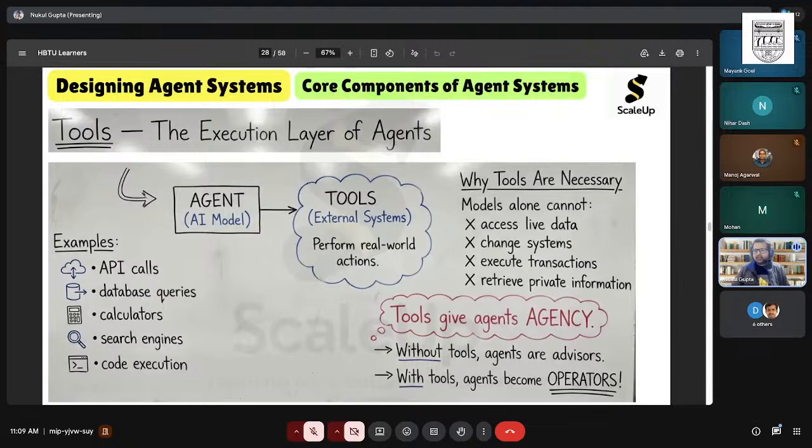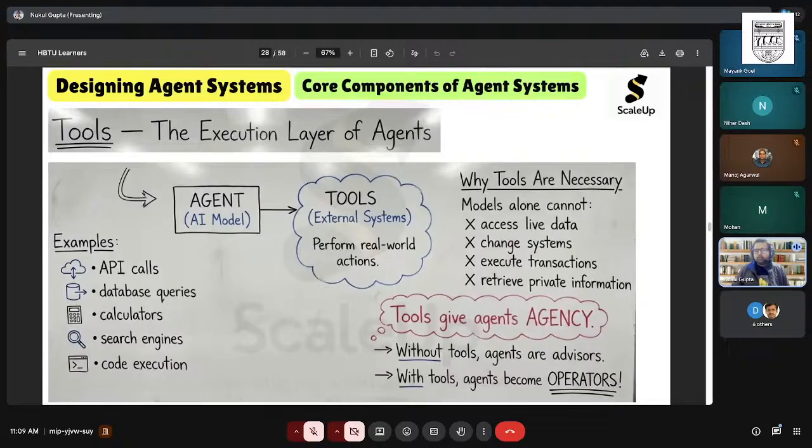So why are tools necessary? Because models cannot act, they cannot access live data, they cannot change systems, and they cannot execute transactions. They can give commands, but we need tools for executing transactions and retrieving information.